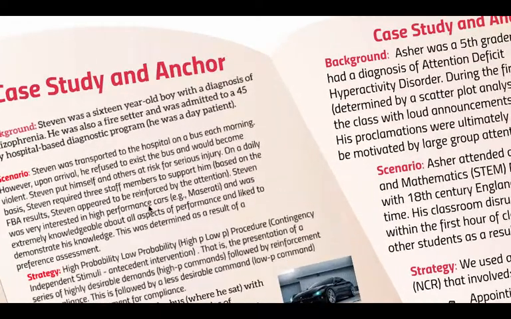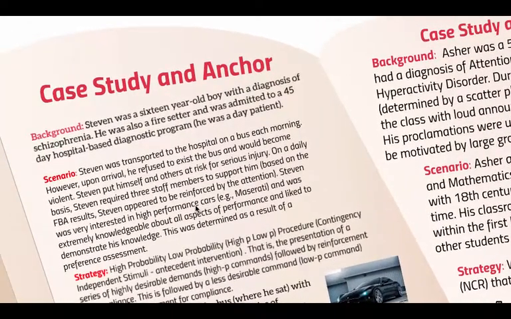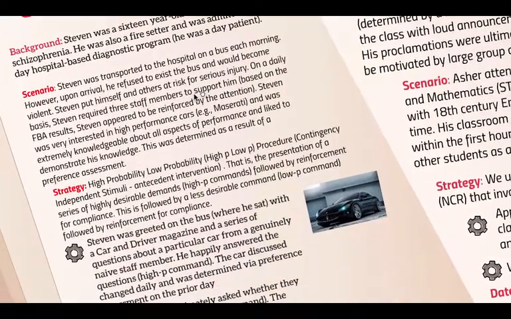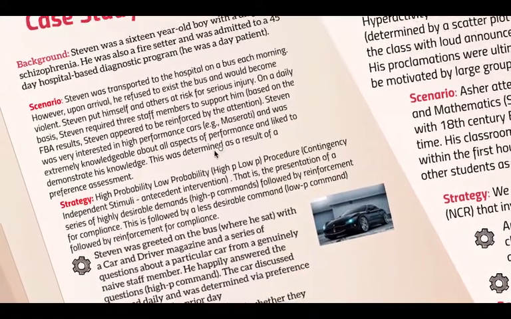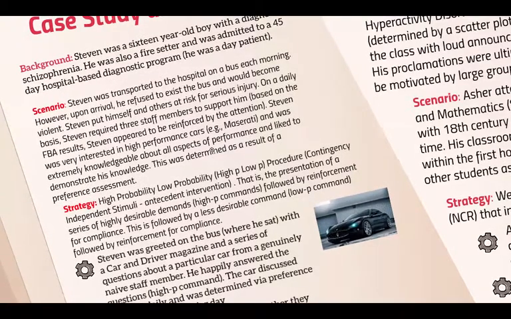So, fictitious name once again, Stephen, 16-year-old boy diagnosed with schizophrenia. He was also a fire setter and was admitted to a 45-day hospital-based diagnostic program where he functioned as just a day patient. He was brought into the hospital on a day-to-day basis. He was an outpatient client.